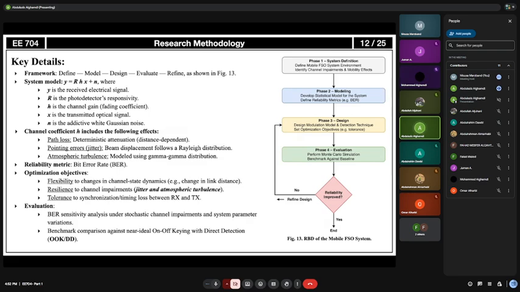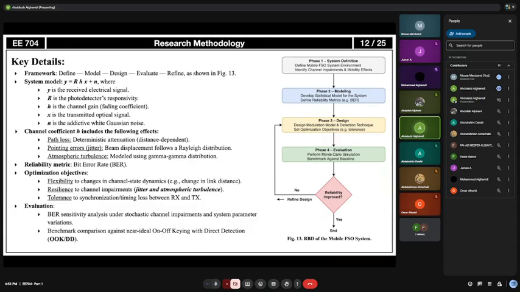For the research methodology, we adopted the framework as shown in Figure 13. We started with the system definition. We defined the system environment, including the dominant channel impairments and the mobility effects. Then in phase 2, we modeled the system using standard models. Then we defined the reliability metrics that we need to use in this work.